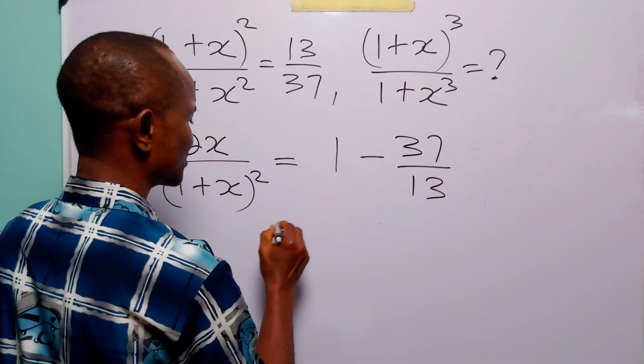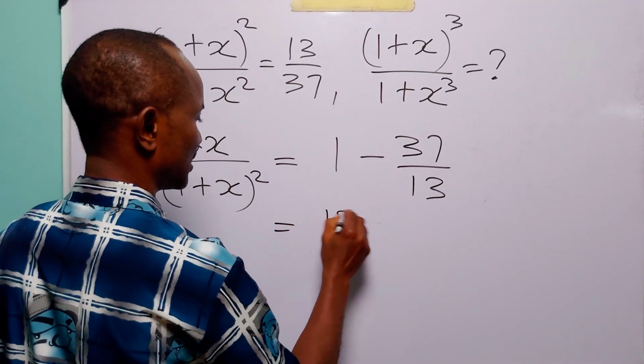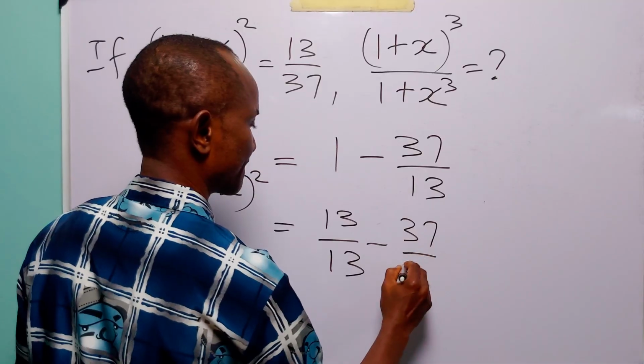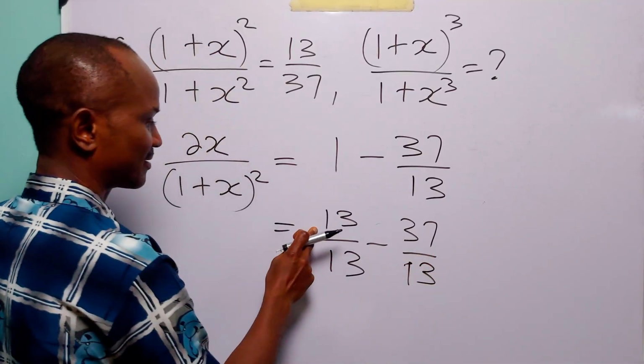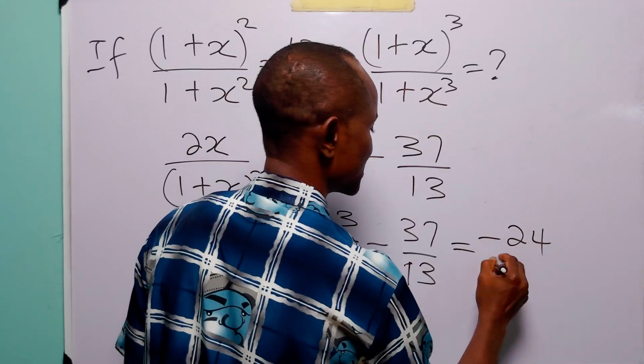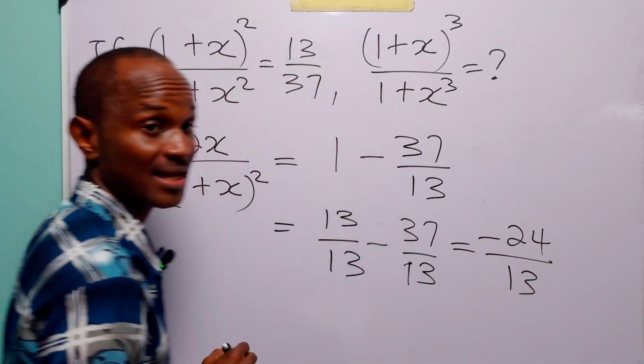But of course, we can write 1 as 13 over 13. And 13 − 37 is equal to −24 over 13.